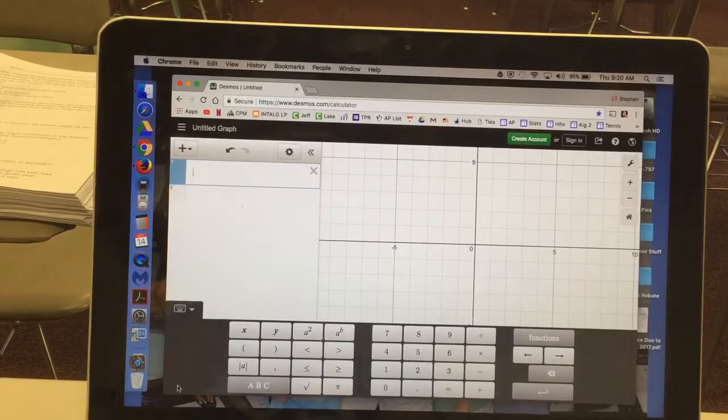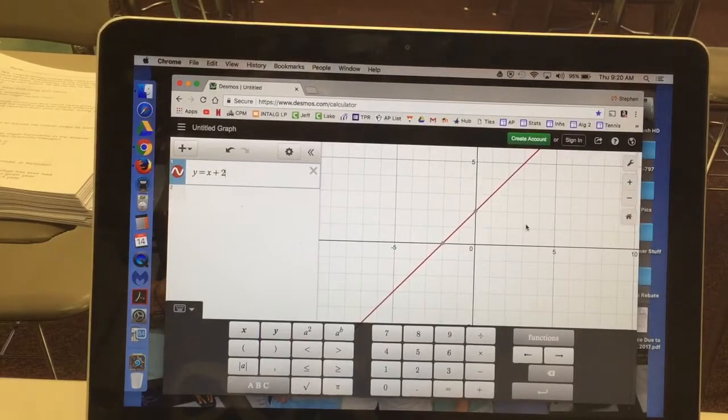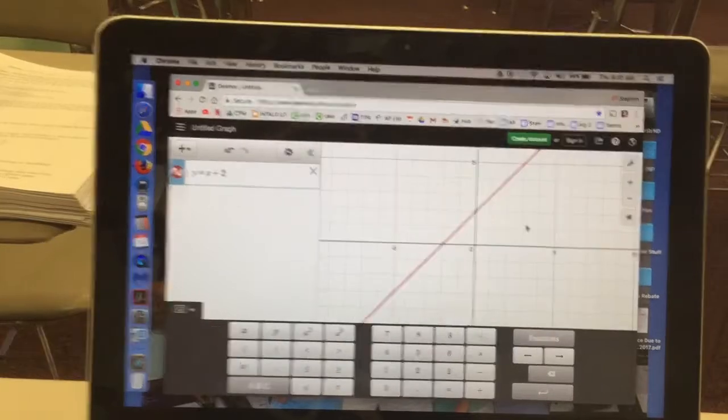So if it's not there sometimes, you need to click on that little keyboard. So my first equation for the next example is y equals x plus 2. So using my mouse, I'm just going to type in y equals x plus 2. And you can see, while I'm doing that, Desmos is already graphing it.